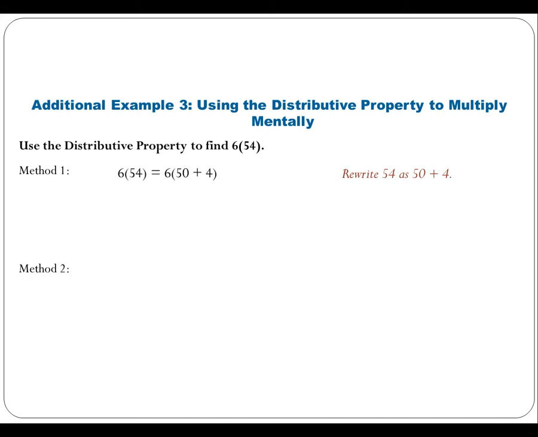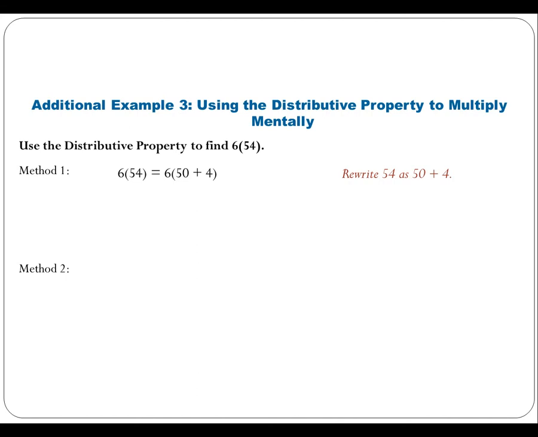So now we have to multiply it by 6. So I want you to write 6 times the quantity 50 plus 4 like it is on the board up there. 50 plus 4, those two numbers are being multiplied by 6. Yep. You got it.